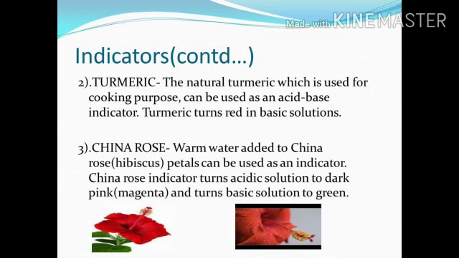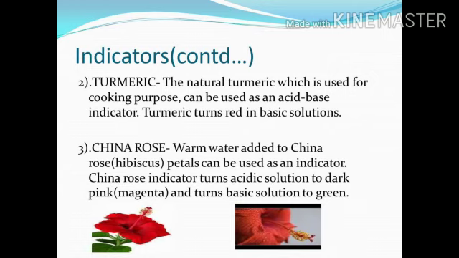When we apply soap solution on the cloth, the yellow stain becomes reddish brown because soap solution is basic in nature. On washing with excess of water, it turns yellow again because soap is washed away. Hence, we can say that turmeric is also used to test whether the given substance is acidic or basic.